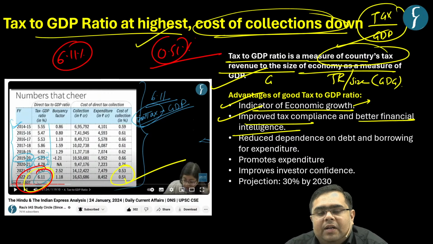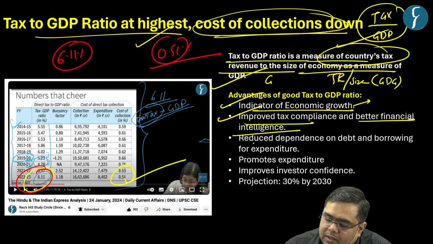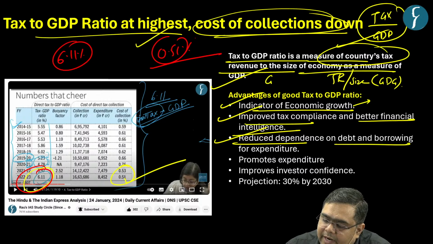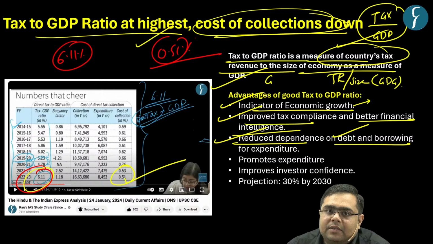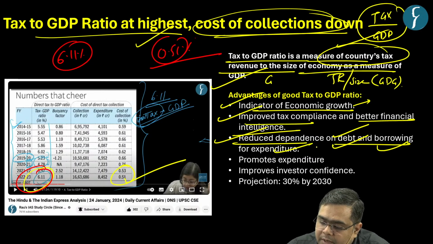Obviously, when you have improved tax compliance, better financial intelligence and good tax administration, it is going to improve the tax to GDP ratio. The third advantage is that it leads to reduced dependence on debt. If the government gets its fair share of dues, the government would never like to go for debt raising and borrowing for its usual expenditures.